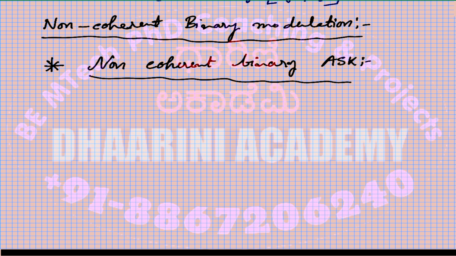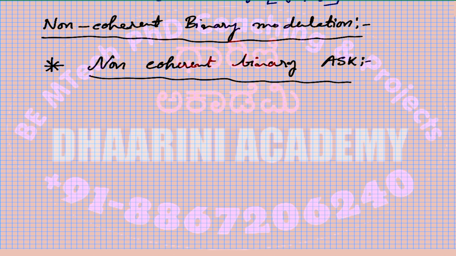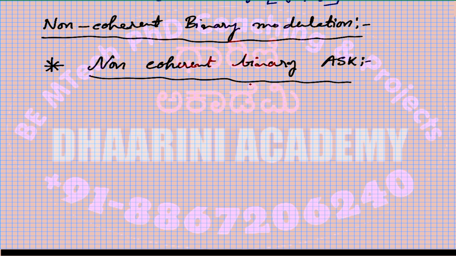ASK, that is amplitude shift keying. We start with the equation of the transmitted waveform of binary ASK. The binary ASK waveform s of t: we are sending a signal whenever the symbol is 1, and we are sending a 0 when the symbol is 0.